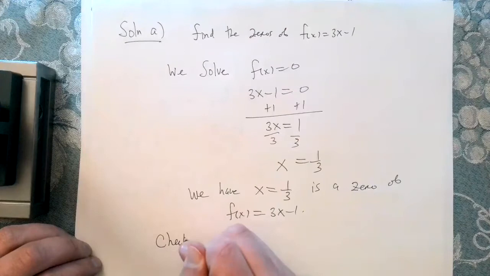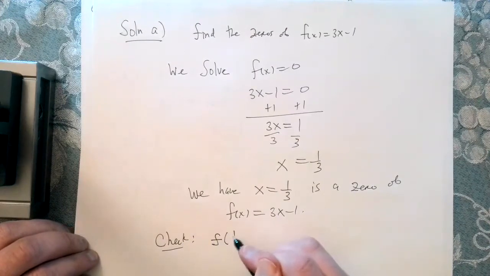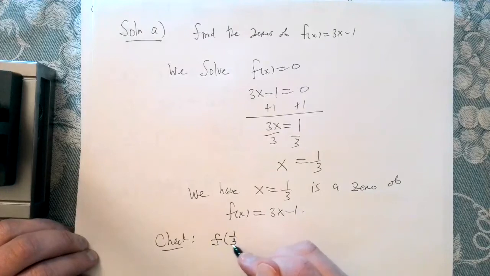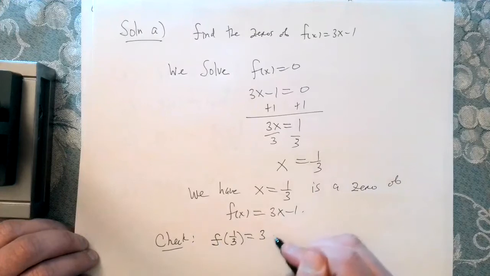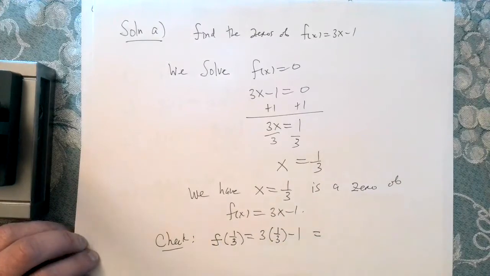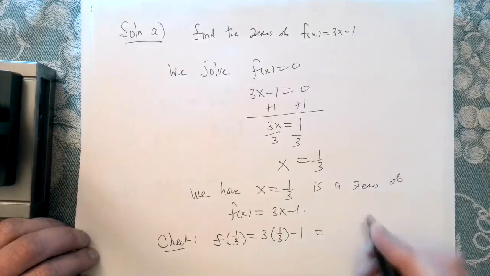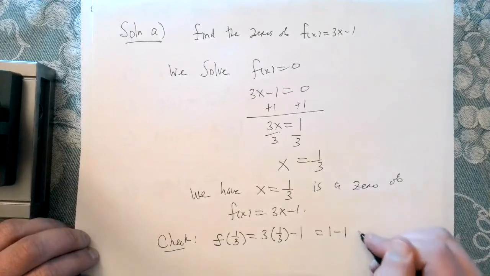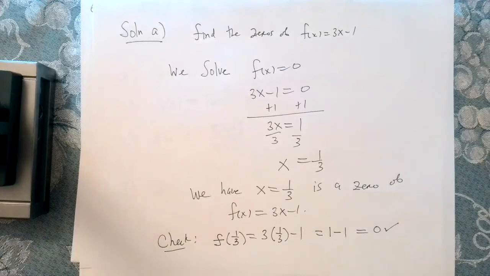Okay, so we check. Let's compute f of 1/3. If we did this correctly, we should get 0 as an output. So we've got 3 times a third, but a third of 3 is just 1, minus 1, and that equals 0. So therefore, x equals 1/3 is a 0 of the function. What does that mean geometrically?